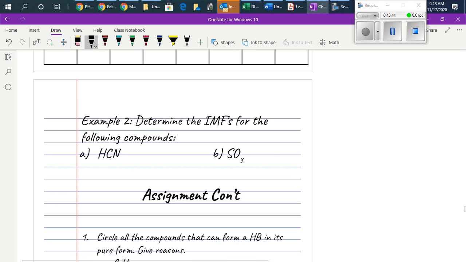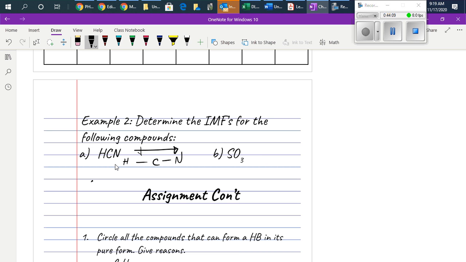Okay, so now let's move to the other one. So we have HCN. What do we have here in terms of the structural diagram? Carbon is here, and then we have nitrogen on one side and hydrogen on the other side, and we will have a net dipole that goes toward the nitrogen.